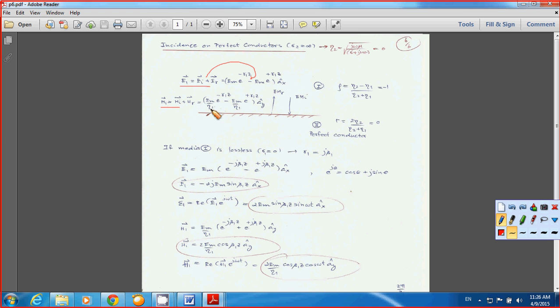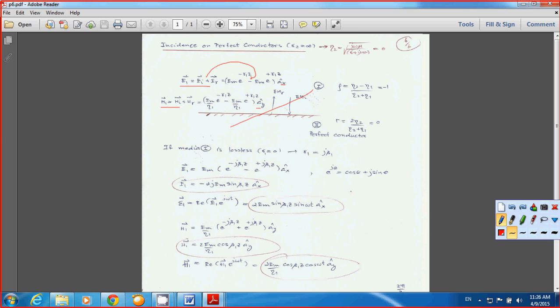It becomes EM over eta 1 exponential negative gamma 1 Z minus EM over eta 1 exponential positive gamma 1 Z, and it has the component in AY direction, as according to the picture here, you have incident electromagnetic wave and you have reflected electromagnetic wave.